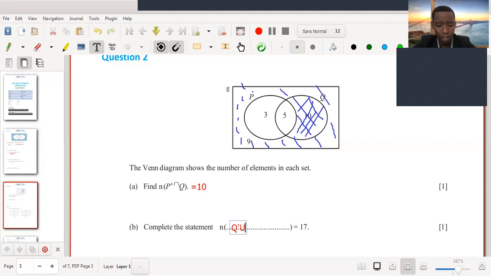If I take Q complement union P, I'll be having, like here, Q complement, that means don't touch Q. I'll be having 3 and 9, and then union P. If it's union P, then this one will also go there.